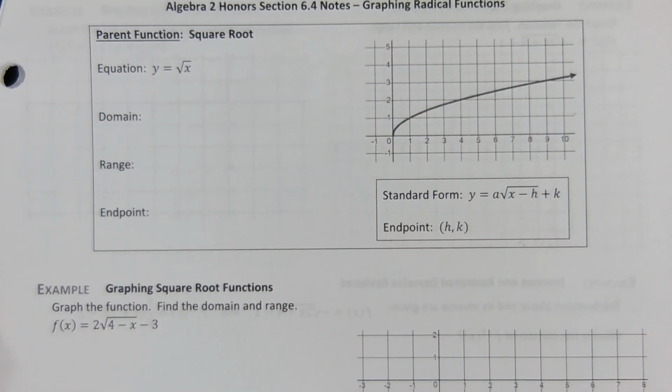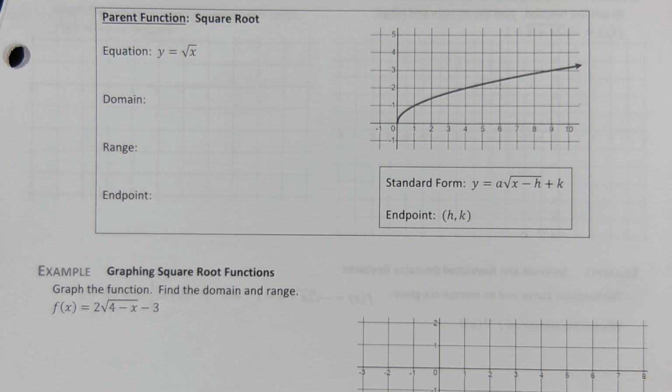This box is showing us the parent square root function, y equals square root of x, section 6.4. This shows us y equals square root of x. Now, we've been talking about square roots since the beginning of the year because I've been talking about domains since the beginning of the year.